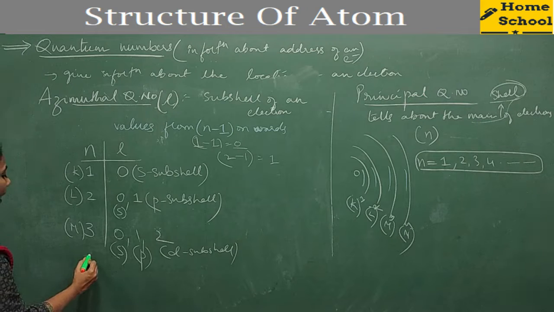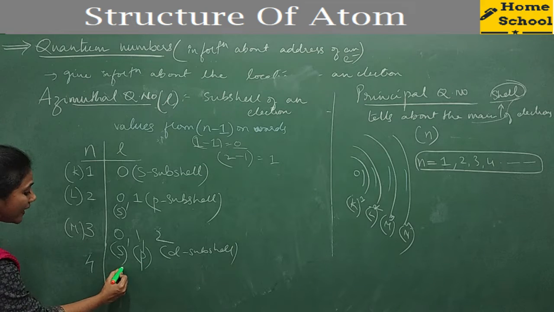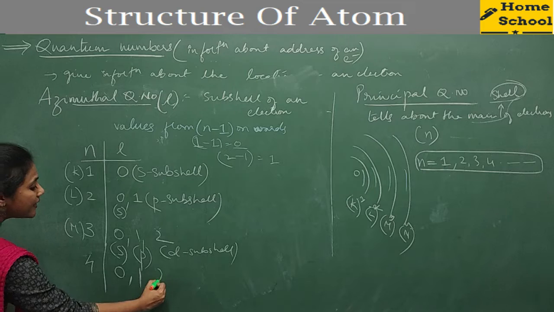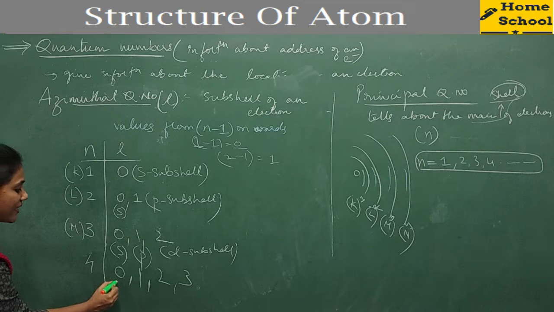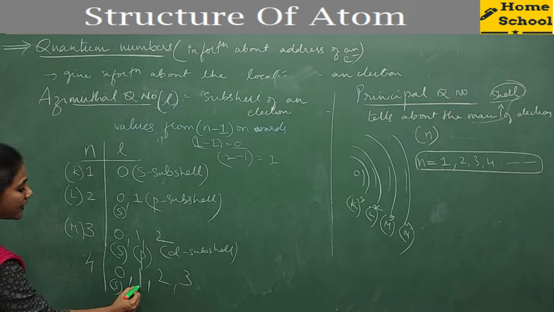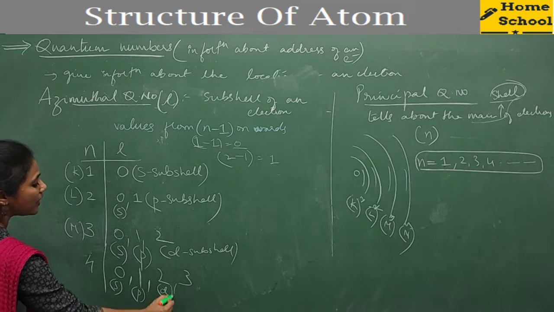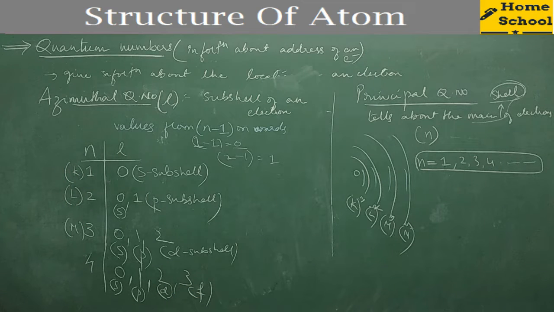And now in the fourth state, you have how many districts? 4 districts are there. What are they? 0 district is there, first district is there, district number 2 is there, district number 3 is there. What is the name of this district? S subshell. This one P subshell. This one D subshell. And this one F subshell. Clear everybody?